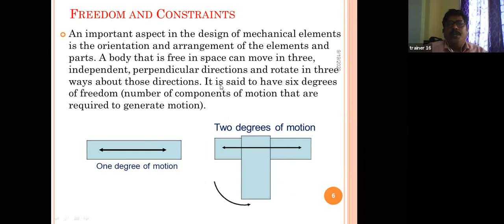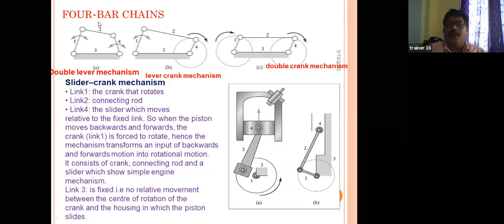Today's topic, all of you have already studied. If you go to the 4-bar chain, these are all mechanical actuation systems. This is the double lever four-bar chain mechanism.